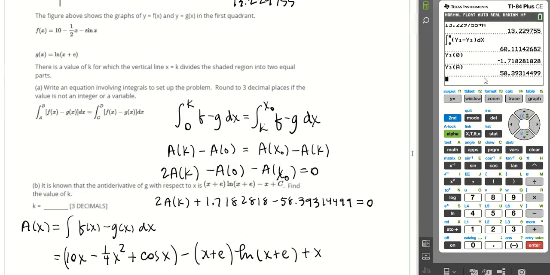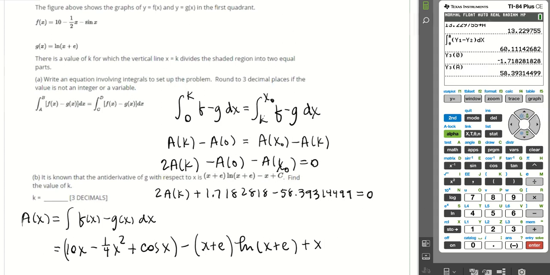Okay, so I'm back, and I've got all of these numbers set up. So I'm going to solve for a of k. a of k equals the 58 number minus the 1.718281828, and then I'm going to need to divide that by 2.